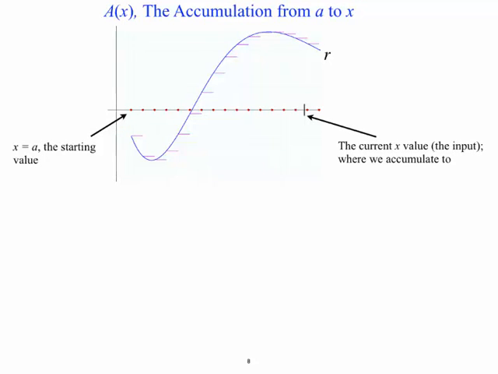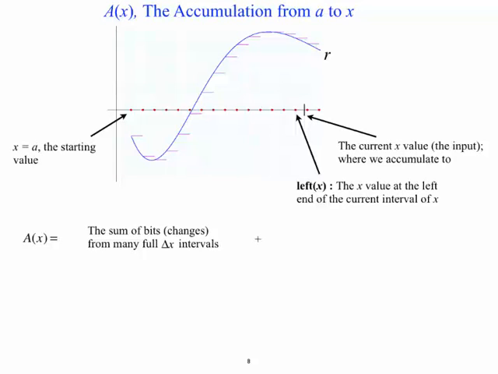Okay, so A is the starting value, X is the current X value, where we're accumulating to. Left X is the X value at the left end of the current interval. And so A of X is the sum of bits from full intervals plus a little bit more from a partial interval.